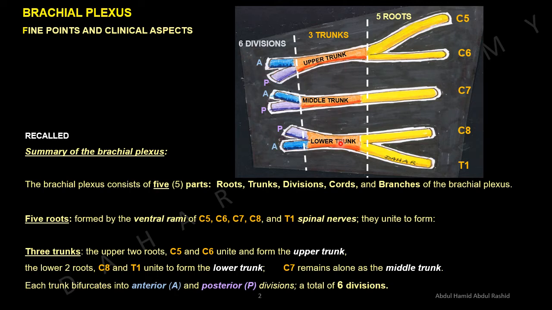Each trunk bifurcates, that is splits into 2 divisions, anterior division and posterior division. Anterior division label A, posterior division label B. So there will be 3 anterior divisions and 3 posterior divisions, altogether 6 divisions.